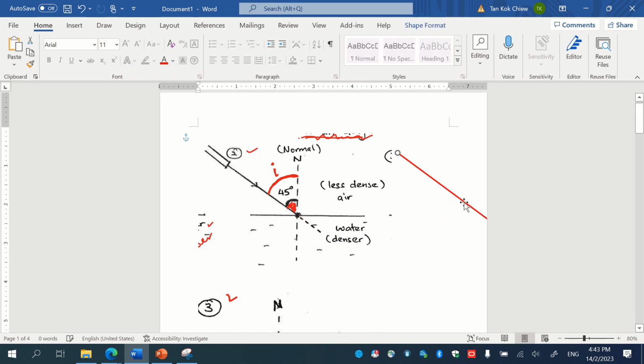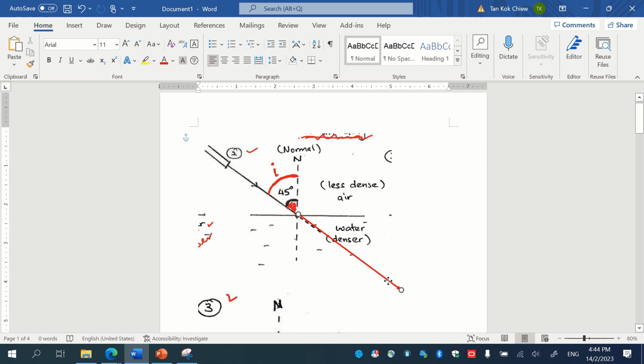Between this air and water, if there was no water, the light would have gone straight through like that. Am I right? But now the rule says once it goes at an angle from air, less dense, to water, the denser medium, it must move towards the normal line.